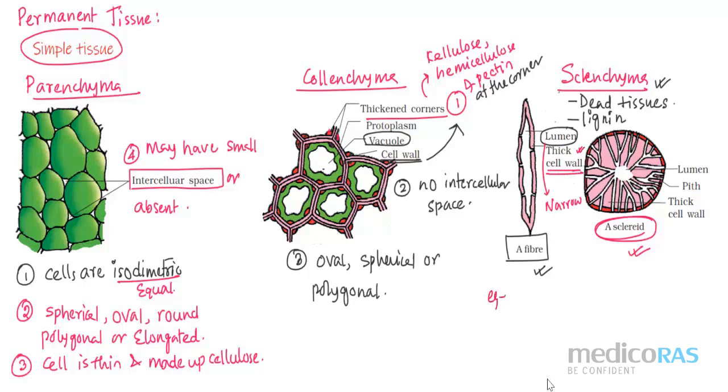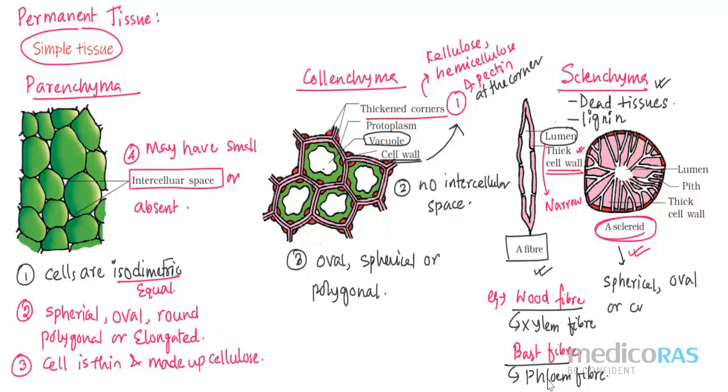Examples of fibers are wood fiber and bast fiber. Wood fiber is also known as xylem fiber, whereas bast fiber is also known as phloem fiber. Sclereids are spherical, oval or cylindrical in shape. They have a very narrow cavity.